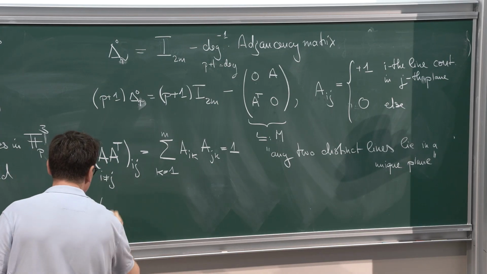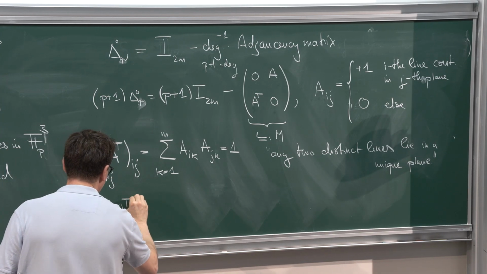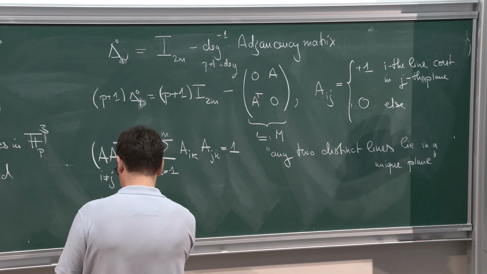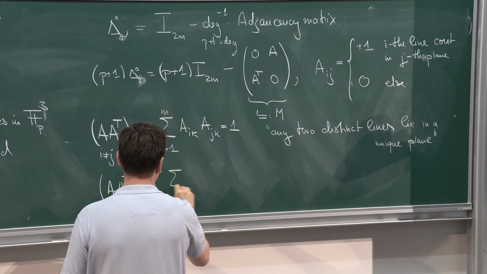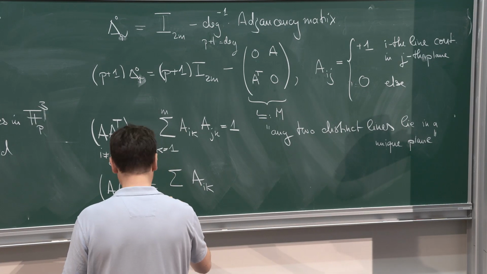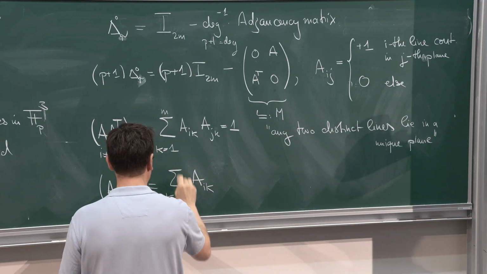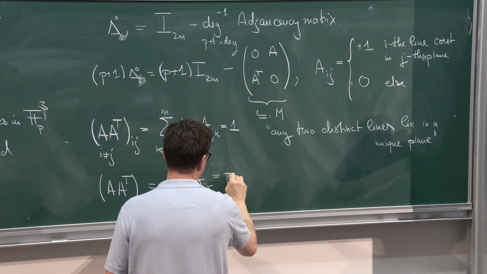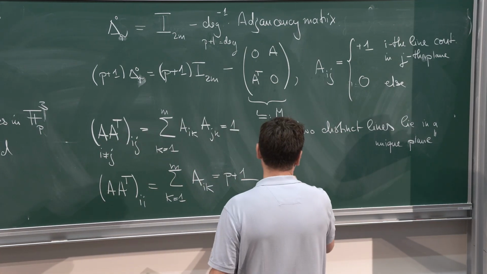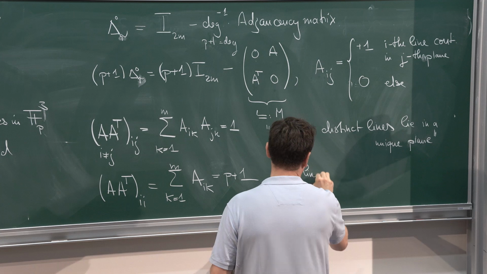And if you do this for the diagonal entries, this will just turn out to be this one, since we're only using 0s and 1s. This is just p plus 1, because any line lies in p plus 1 planes.